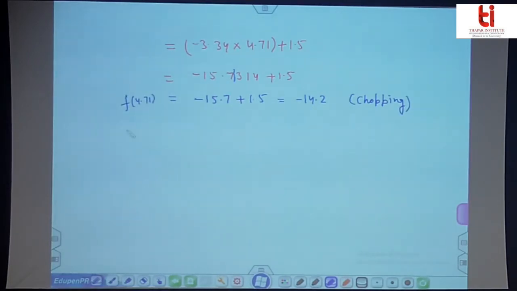Okay, similarly f of 4.71 is minus 14.3 using rounding.